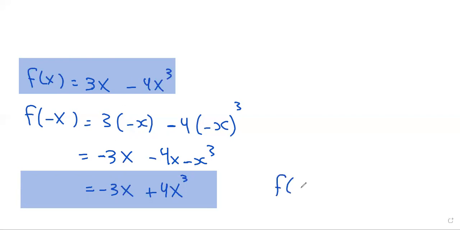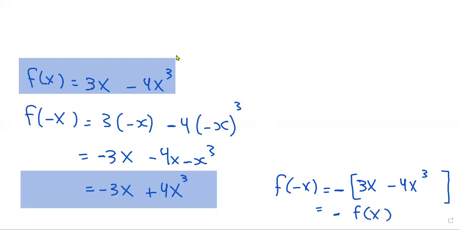But if we try to take negative as a factor, it will be 3x minus 4x cubed, so it will be negative f of x. Are you with us? Yes, good.